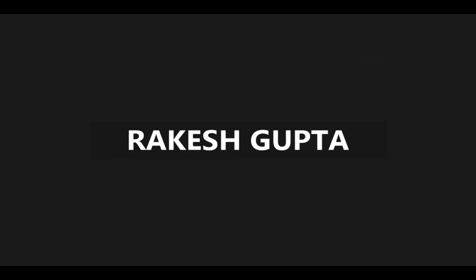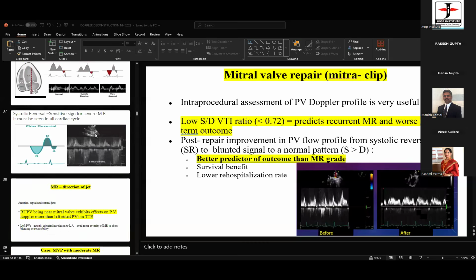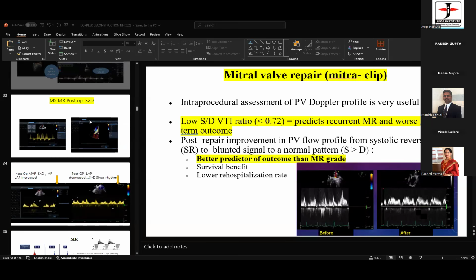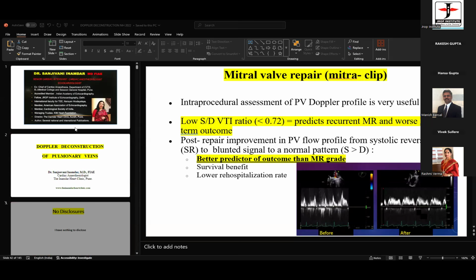All right. Dr. Sanjeevni is also going to emphasize a very important part of the heart, which is often overlooked and under-looked, because it is difficult to configure.